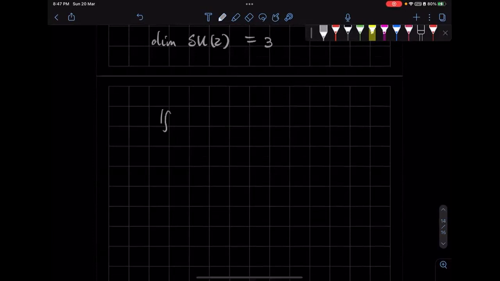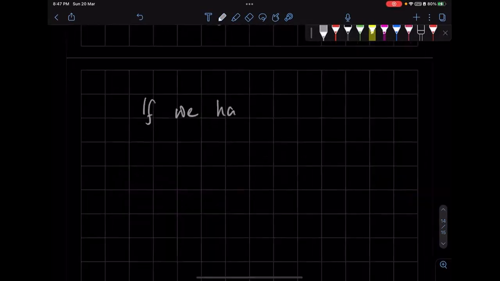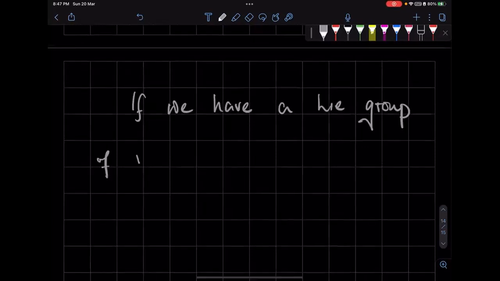So the idea is that if we have a Lie group of say n dimensions, what does it mean?